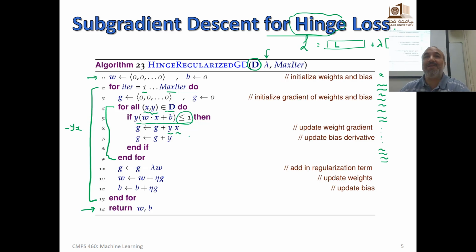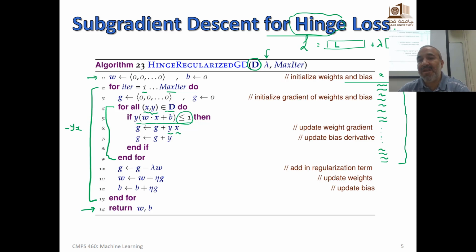This implementation is a bit different. Here we compute the gradient for every example, but we don't update the weights until we accumulate the gradient for all examples, and then we update the weights and the bias once at the end.